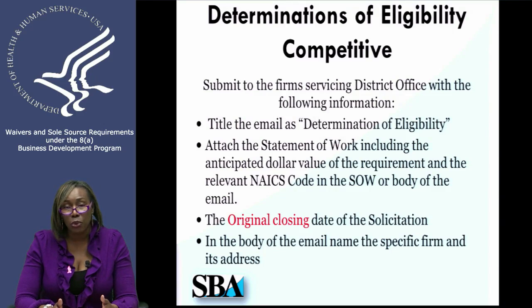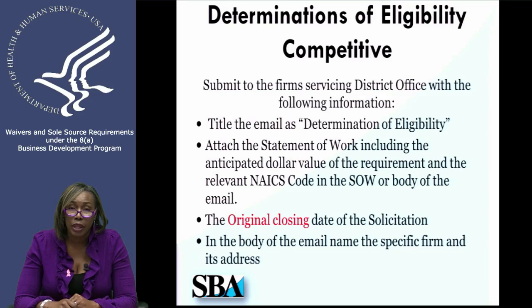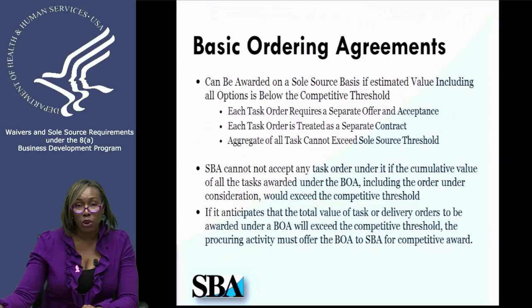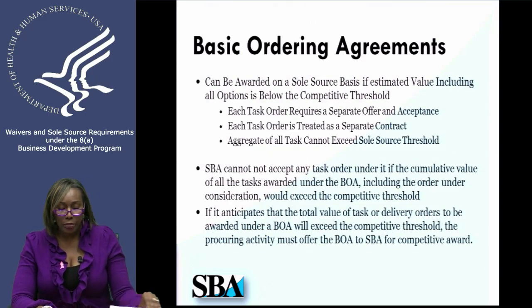So it's extremely important that the original closing date of the solicitation is included in your determination of eligibility. It protects both you and the firm that has invested thousands of dollars as far as bidding on your requirement. In the body of the email, name the specific firm and the address for us to be able to identify.